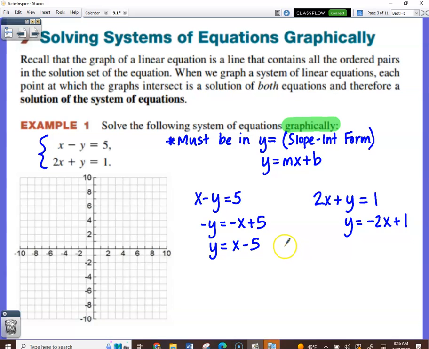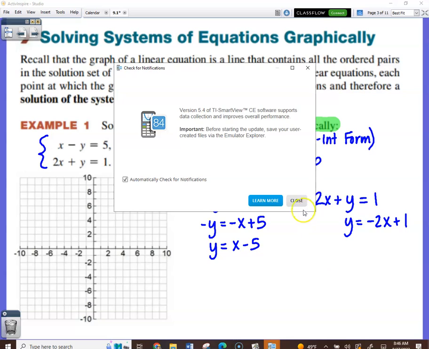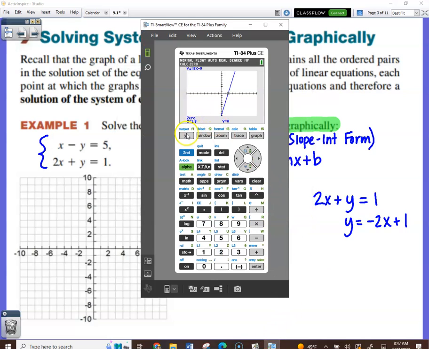Oh, there's a difference between the negative button on your calculator and the minus button. So be careful. Okay, it didn't even take. There we go.